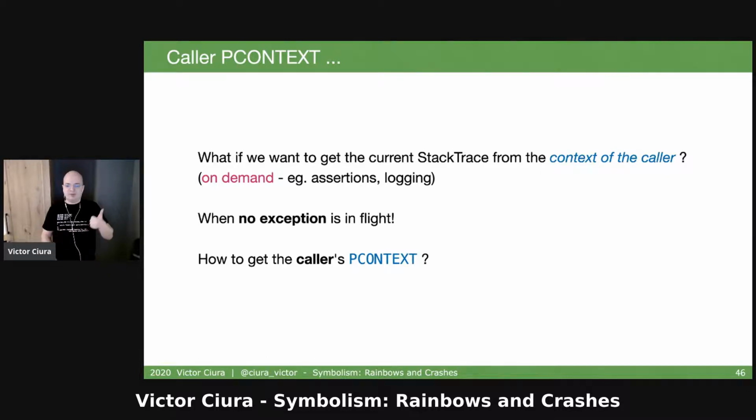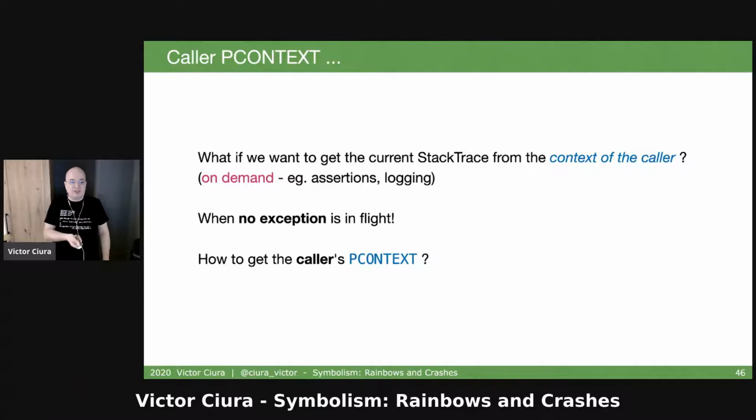For example, maybe you have an assertion and you want to print a stack trace when it happens, or you want to log a particular location to see all the paths that reach that function when some invariant is broken. It turns out to be very useful, even without the context of an exception.